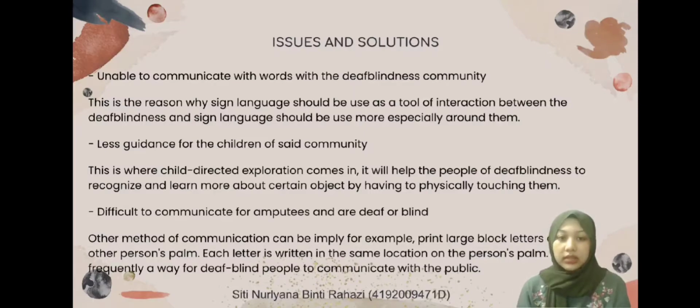So another solution that can be applied is to print large block letters on the other person's palm. Each letter is written in the same location on the person's palm. This is frequently used for deaf-blind people to communicate in public, other than using sign language, especially for amputees.